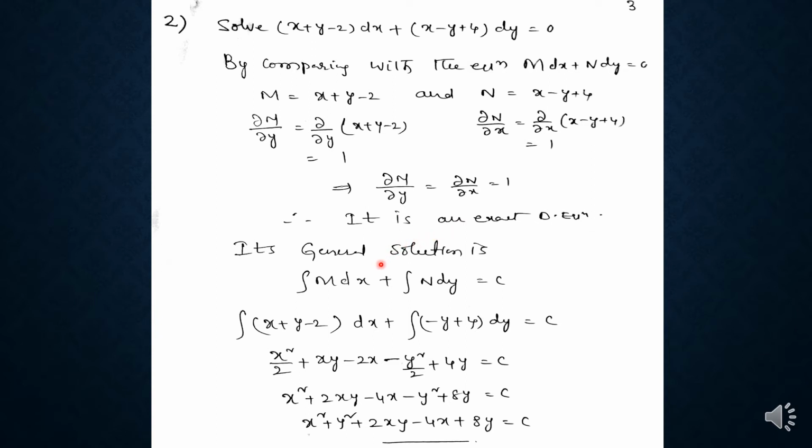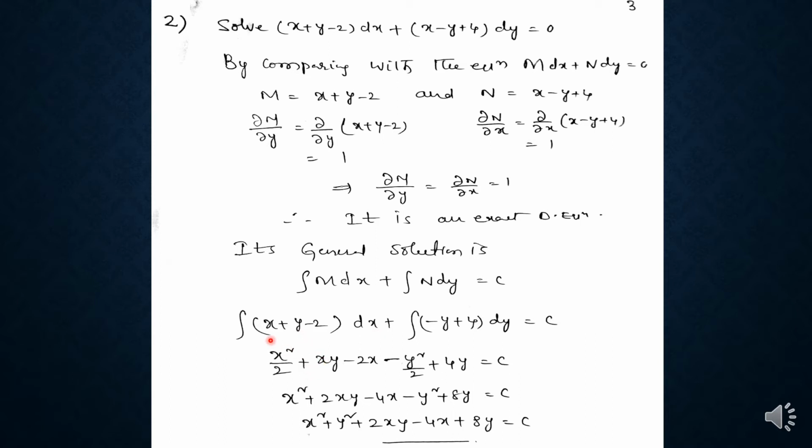Its general solution is integral M dx plus integral N dy is equal to c. Integral M dx, that is integral (x + y - 2) dx, plus integral N dy, means integral (-y + 4) dy is equal to c. While integrating with respect to x, y will be taken as constant.